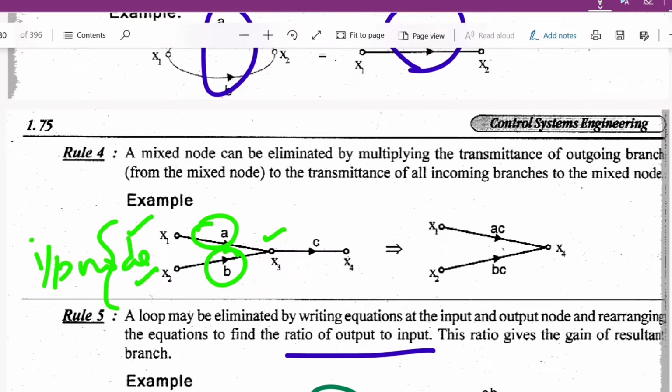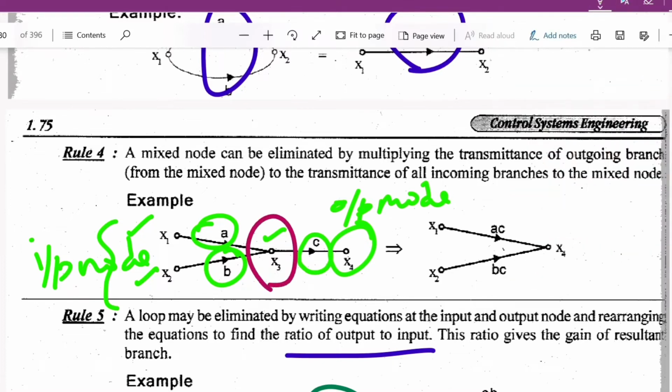Now we'll see the last one, x4, which has only the incoming signal. So it's called an output node. Now clearly observe x3. x3 has both incoming as well as outgoing signals. That's why x3 is called a mixed node.